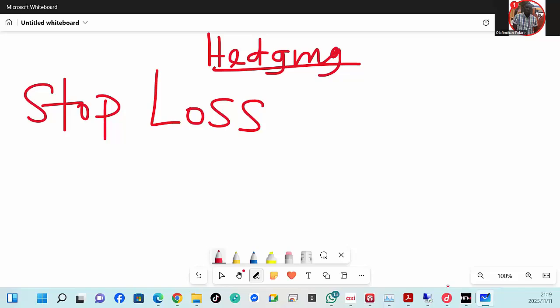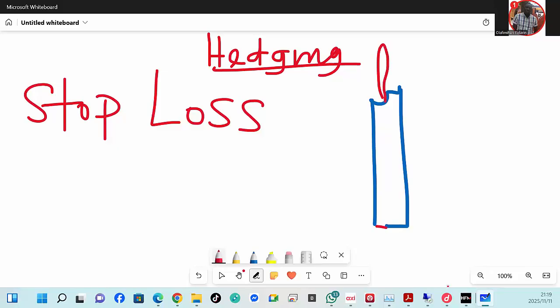Stop loss is just like a candle. A candle can take 1 month to burn, but the most important thing is it is going to burn to the bottom.